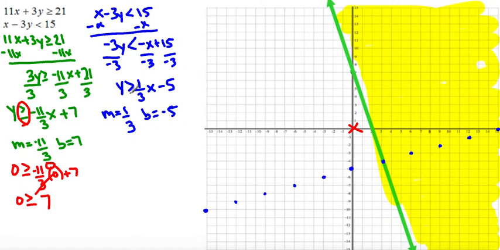Alright, since the inequality symbol is just greater than, no or equal to, my line is not part of my solution, so it is a dashed line that I have here.